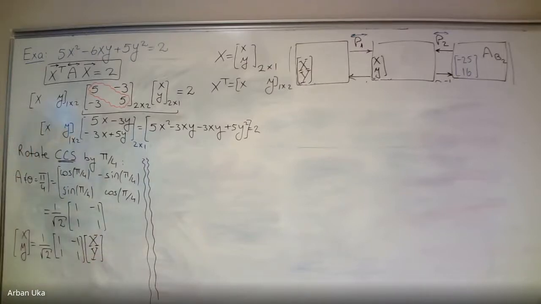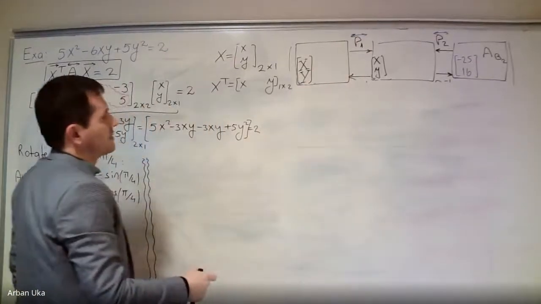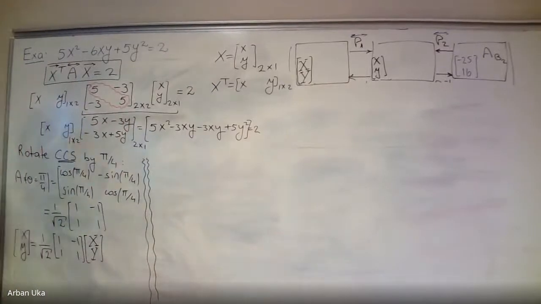Because we know that we always go to the standard basis by multiplying the matrix times the other basis, the non-standard one.